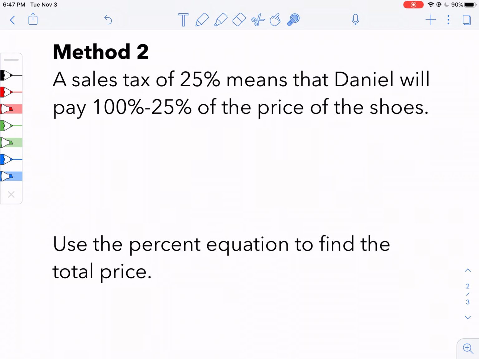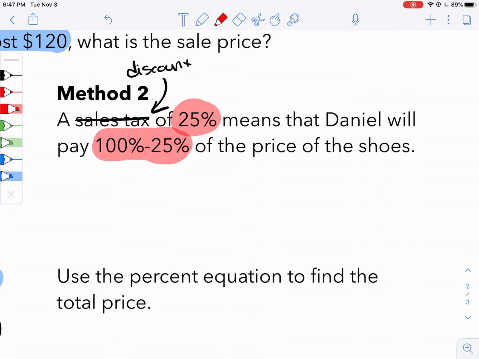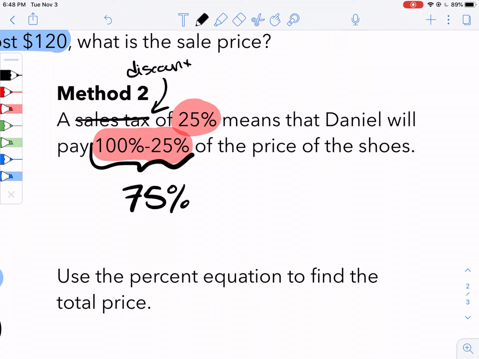Again, if he's got a discount, shoot, this should not be sales tax. This should be a discount. If he's got a discount of 25%, that means that he's going to take 25% off of 100. 100 minus 25% is 75%. So he'll pay 75% of the price of the shoes.